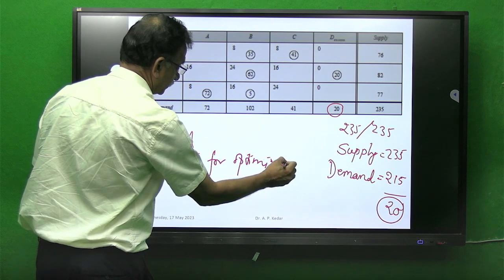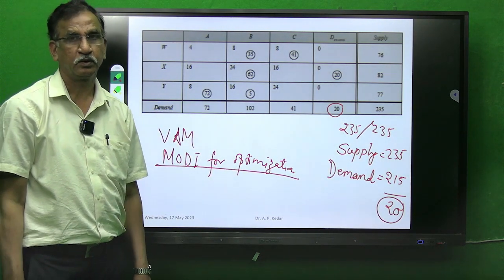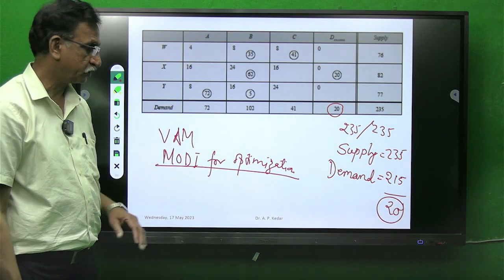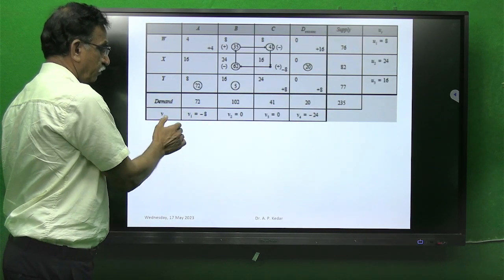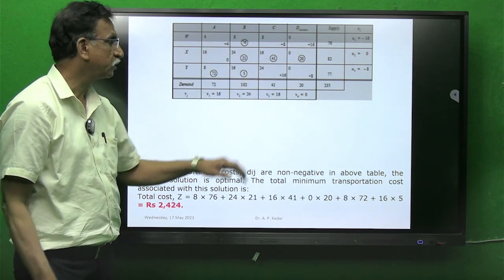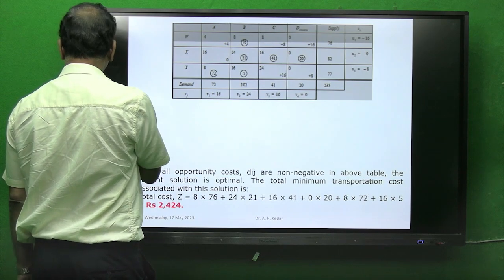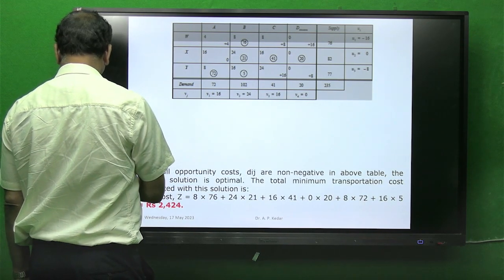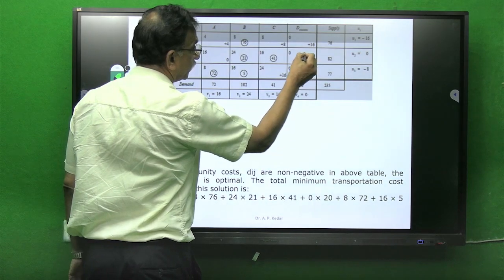MODI for optimization, the same method as we applied in the earlier case. Now if you solve this problem, the final solution is like this, and we got some allocation in this dummy demand, that is 20.